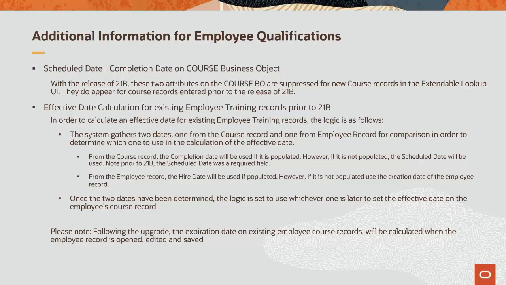Once the two dates have been determined, the logic is set to use whichever one is later to set the effective date on the employee course record. Please note, following the upgrade, the expiration date on the existing employee course records will be calculated when the employee record is opened, edited, and saved.